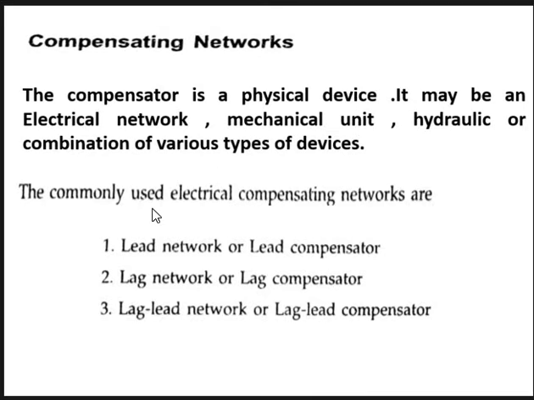The compensators used as electrical compensating networks are lead networks or lead compensators, lag networks or lag compensators, and lag lead networks or lag lead compensators. First we will see when a network is called a lead network or lead compensator, when it is called a lag network or lag compensator, and when it is called a lag lead network or lag lead compensator.